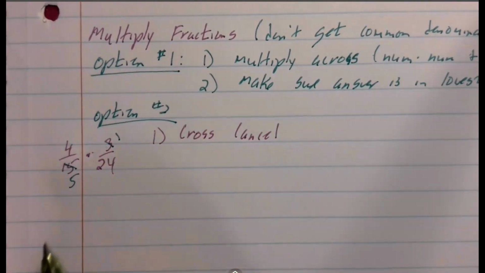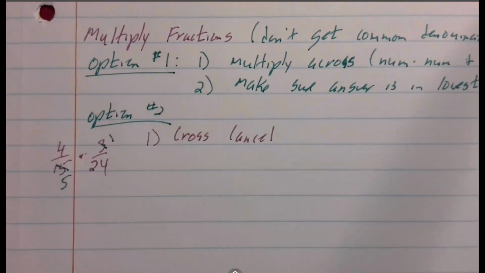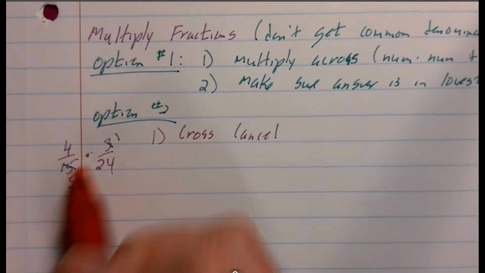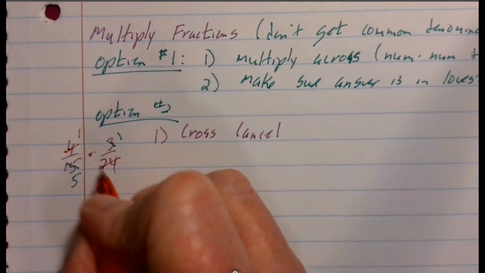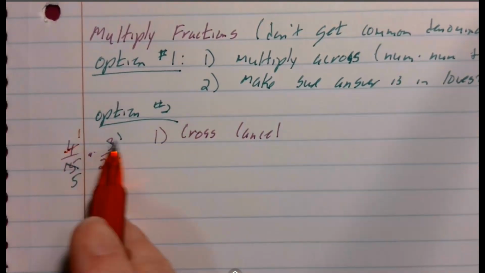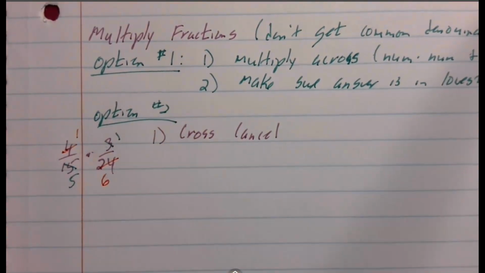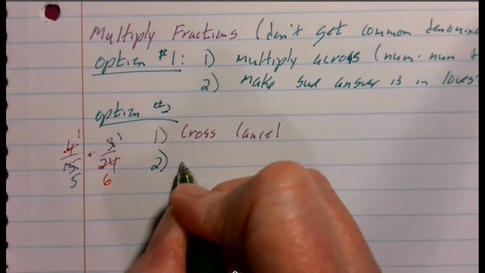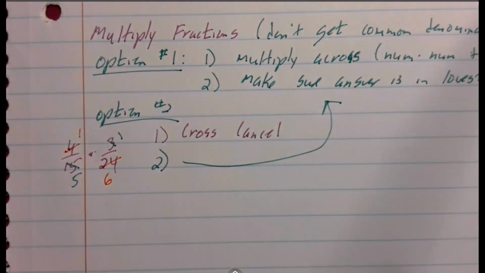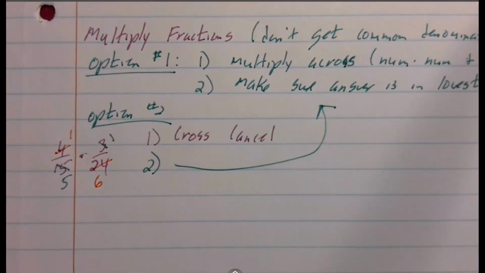Still not liking that 24, but luckily, look at this. I can reduce the 4 and 24. I can divide both of those by a 4. Divide 4 by 4, divide 24 by 4, and I get 6. And then look, I just multiply across. Okay? So cross-cancel. And then step 2 is go do what I just said in option 1. Okay? So that's the only difference with option 2.